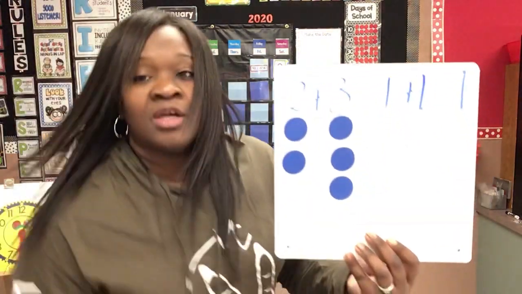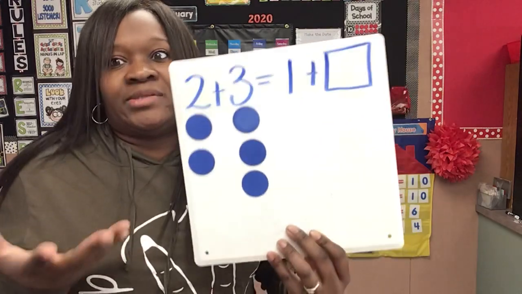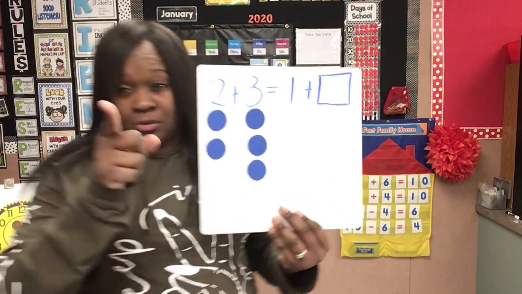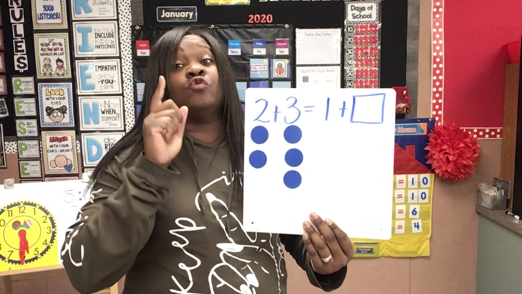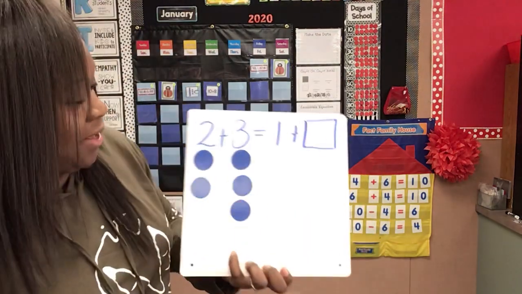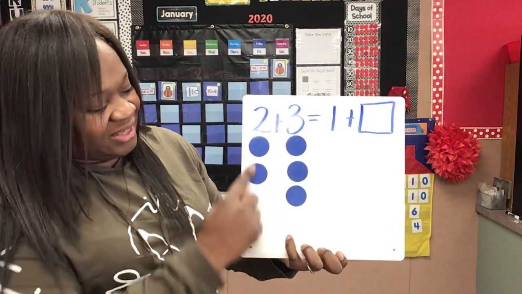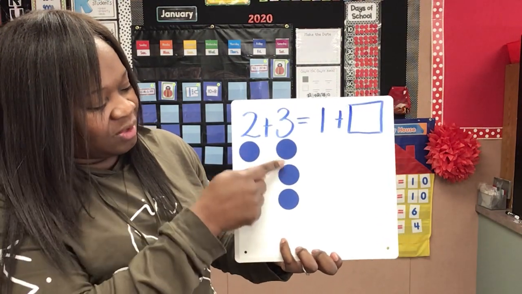All right. So first we have to figure out, what does 2 plus 3 equal? And I'm doing easy ones now, but I'm going to get harder. So you guys, I want you to get it, and then you better know it. So 2 plus 3, I can look here and see 5. 1, 2, 3, 4, 5.